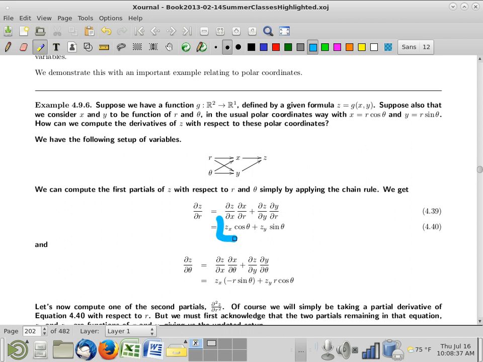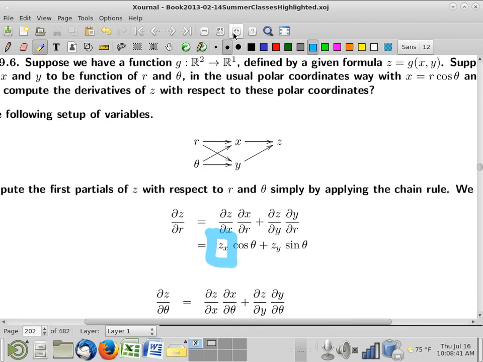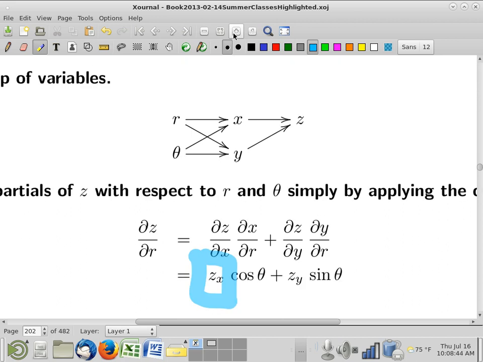Well, let's look at Zx. Where is Zx on this diagram? Well, don't forget, Z is a function of x and y. So imagine some expression involving x's and y's. Now what happens if you take this expression involving x's and y's and take a partial with respect to x? Well, it's still going to be an expression involving x's and y's.